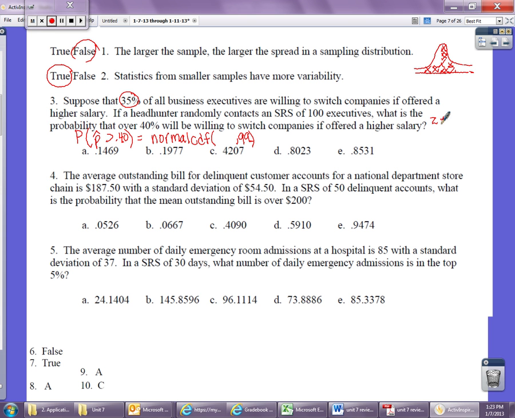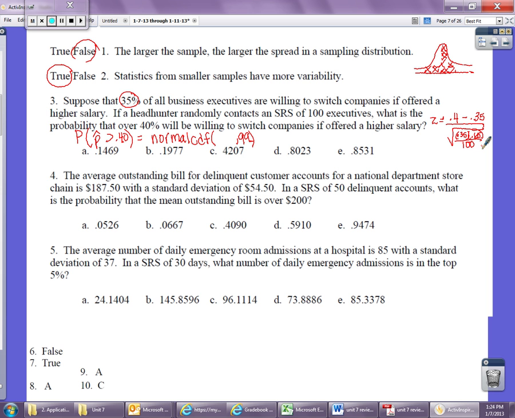So z equals the value I'm converting, which is 0.4, minus the mean, which is your parameter, 0.35, divided by the standard deviation of the proportion, which is the square root of p times 1 minus p, divided by the number in the sample, which is 100.